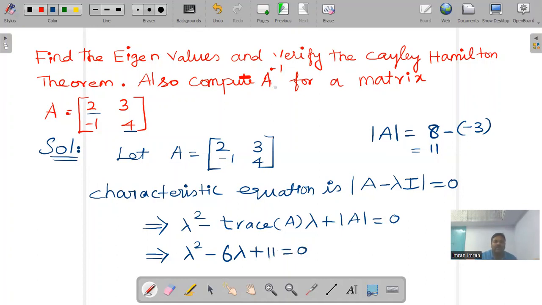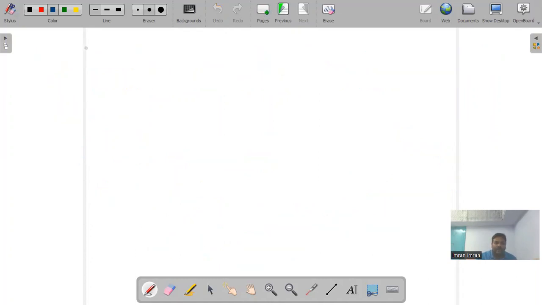So determinant of A is 11. Now we have to compute the characteristic values using this characteristic equation. The characteristic equation is lambda square minus 6 lambda plus 11 equal to 0.